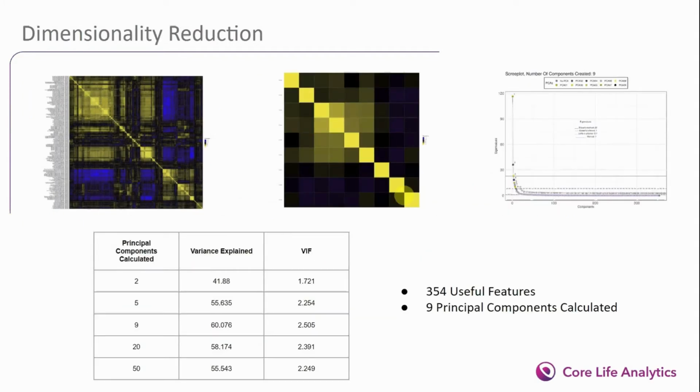And then at dimensionality reduction, we were able to reduce these hundreds of features down to 9 robust individual scores called principal components. And Strataminer helps the user to decide how many different scores they should calculate in the principal component analysis. Let's jump into the Strataminer platform.